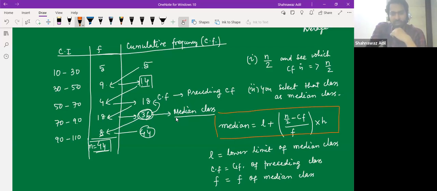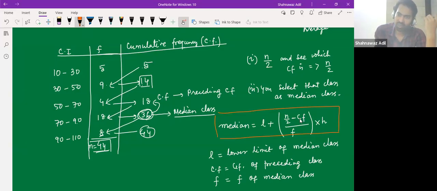Please note it down, and then we will do questions to understand this part. The idea is that we first calculate the cumulative frequency and make the table. Then we calculate N by 2 and check which one is greater or the same.